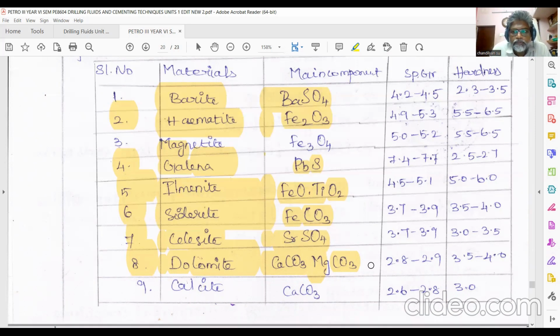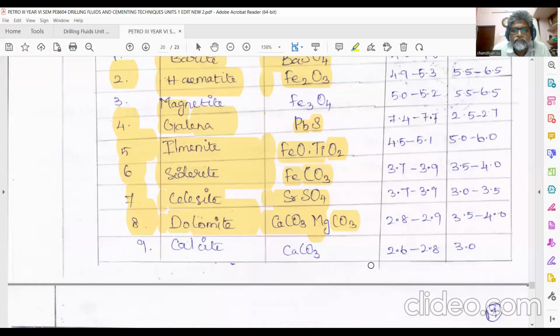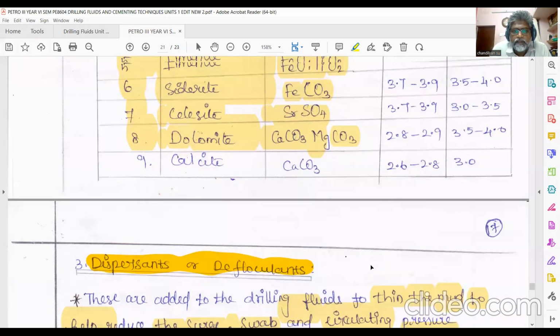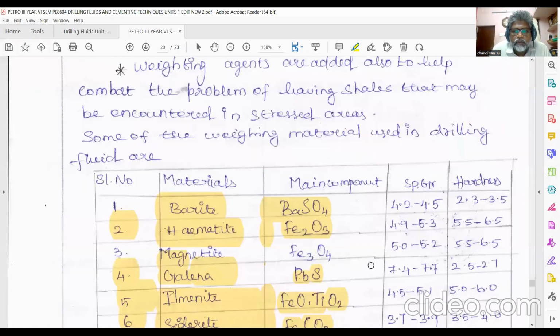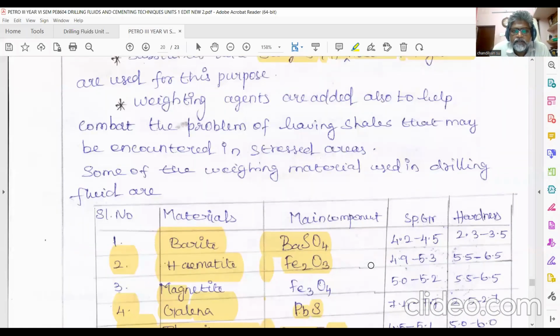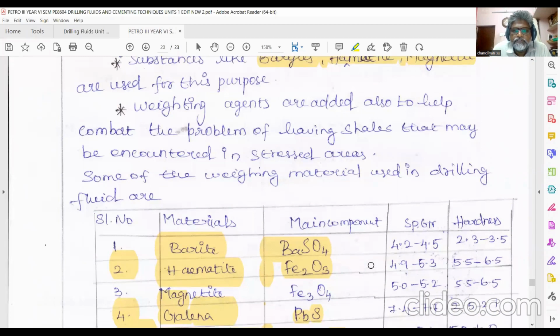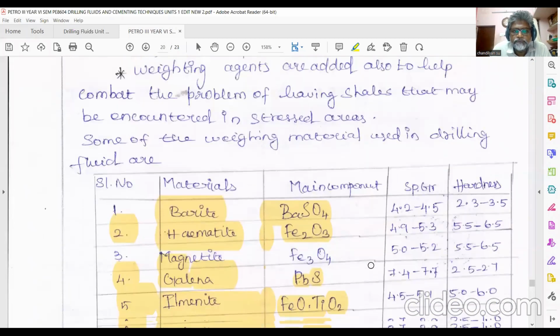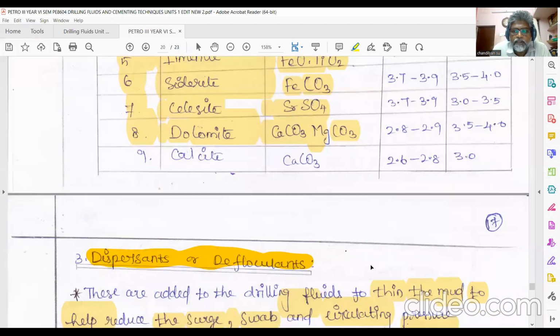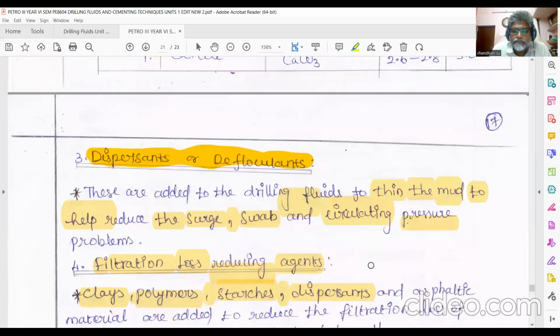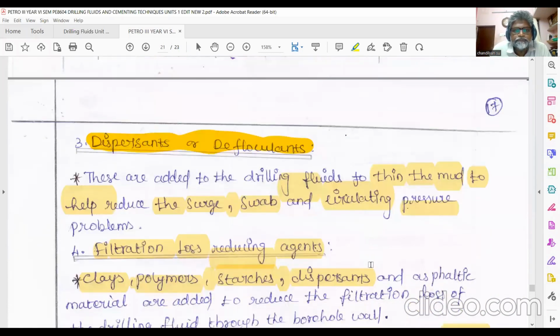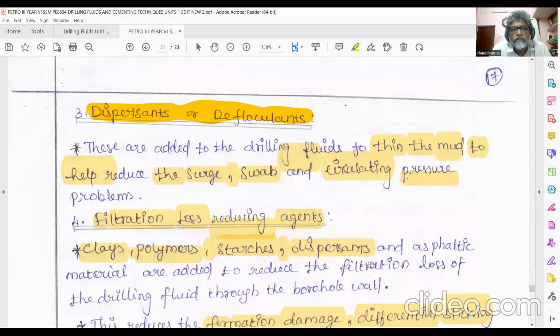Dolomite, calcium carbonate, magnesium carbonate, further calcite, calcium carbonate. All these chemicals are added as weighting agents to increase the weight of the fluid, to stop the kick, to balance the formation pressure exerting a hydrostatic pressure.